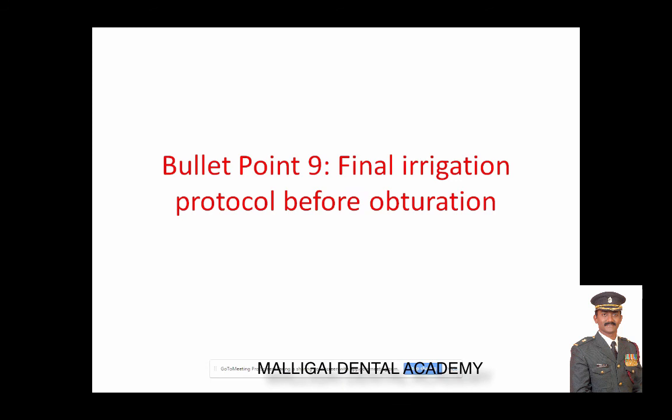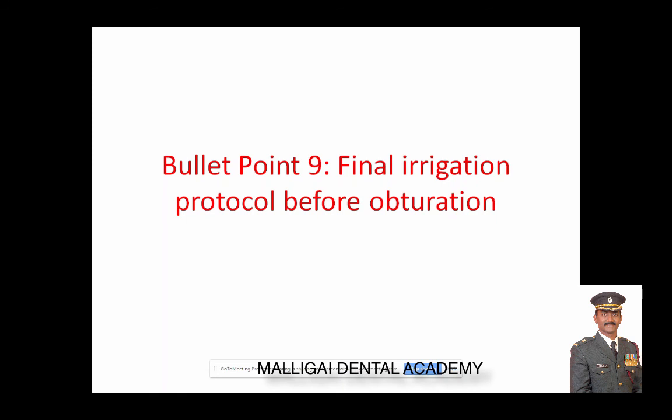The final irrigation protocol helps achieve complete three-dimensional irrigation and flushing of the complete root canal system with a series of irrigants before you finally obturate it with your gutta-percha and sealer. When is this protocol done? The final irrigation protocol is also called active irrigation, done before obturation.